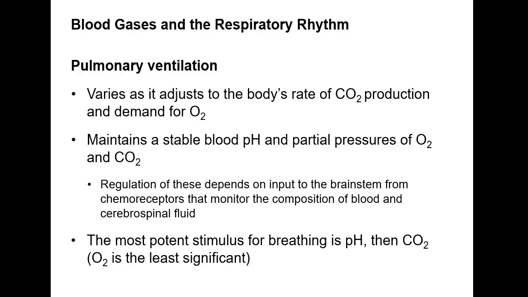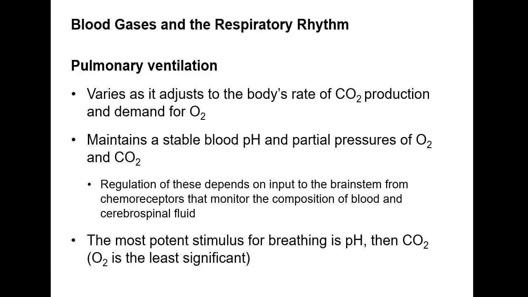If the blood becomes too acidic, we try to remove more carbon dioxide from the blood to adjust. If the blood is too basic or alkaline, we try to retain carbon dioxide to adjust the blood pH. So that's the main contributing factor to how your pulmonary ventilation functions from minute to minute: the pH level of the blood.